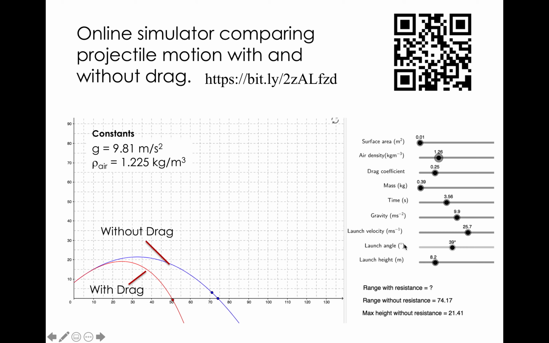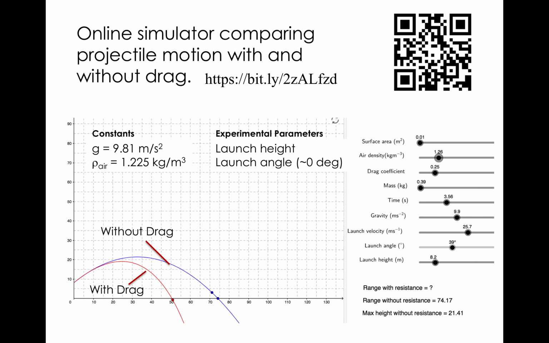And then for the other things, if we're thinking about the situation for summative number 2, we've got some experimental parameters that we want to deal with. The launch height is a child shooting the rubber band shooter horizontally at approximately their shoulder height. The launch angle should be about 0 degrees.